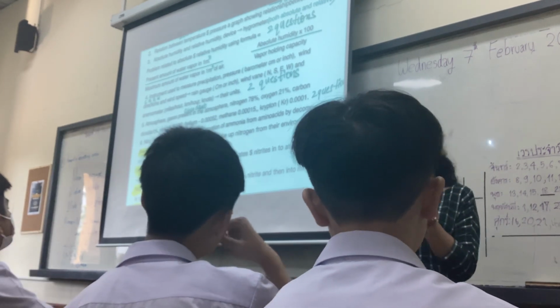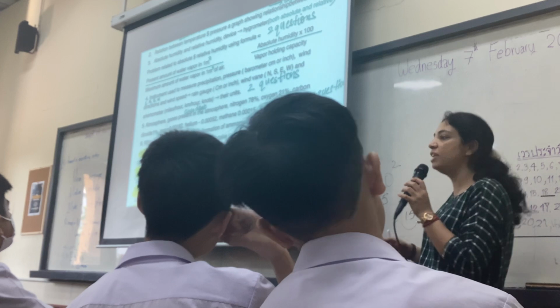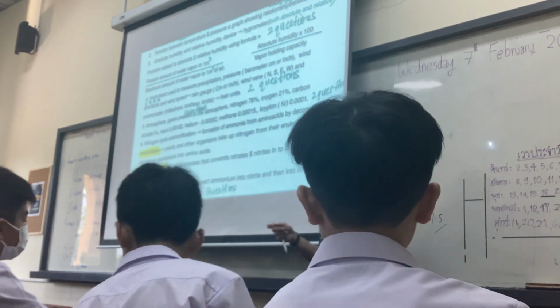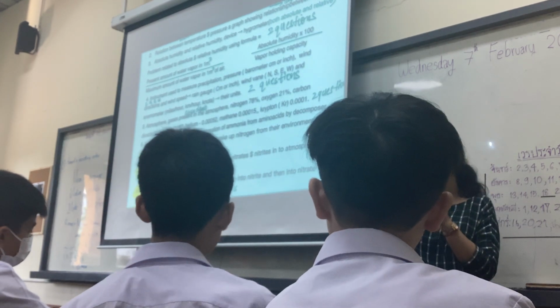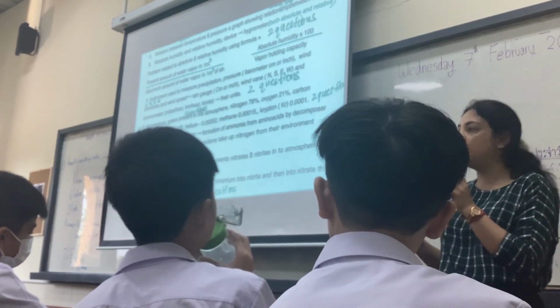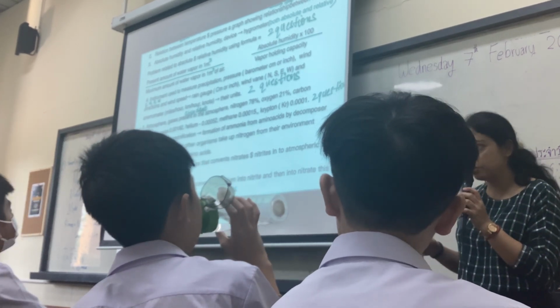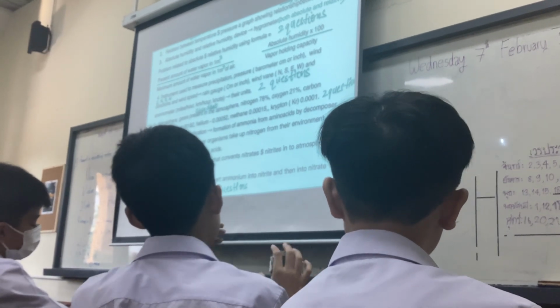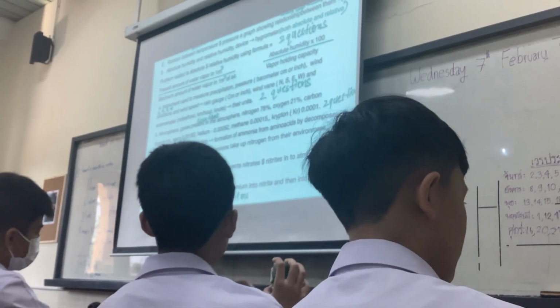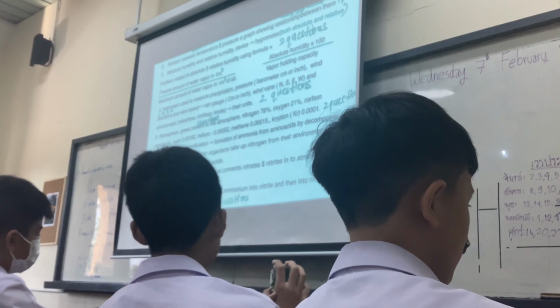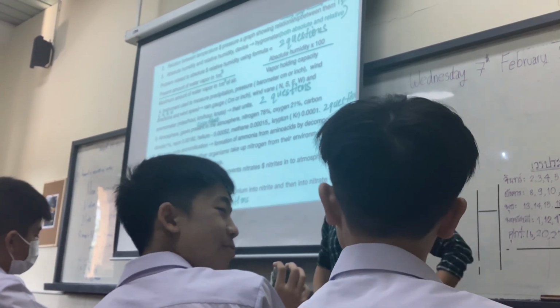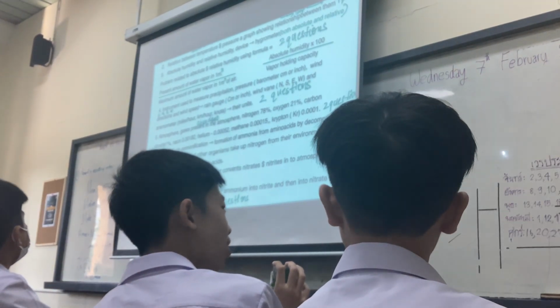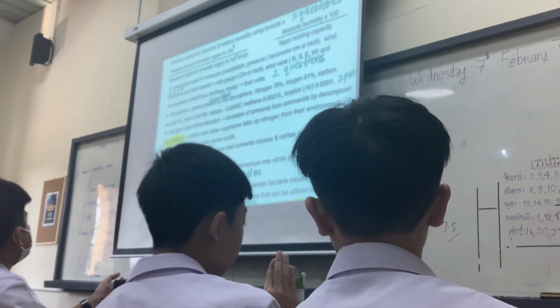After nitrogen, oxygen. How many percent? 21%. After oxygen, carbon dioxide. How many percent? 1% or 0.04%. But if carbon dioxide is 1%, then everything else is 0%. Like very negligible, but though it is present.